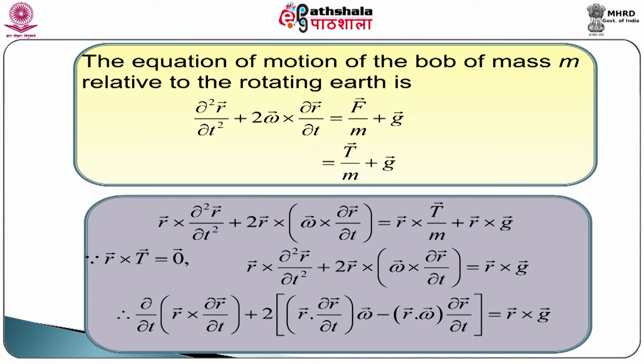Using the property of vector cross product, we can write this term here. The right hand side is written as it is. Here dot means we are considering the dot product of two vector quantities.